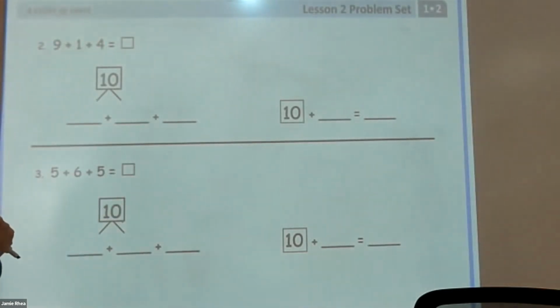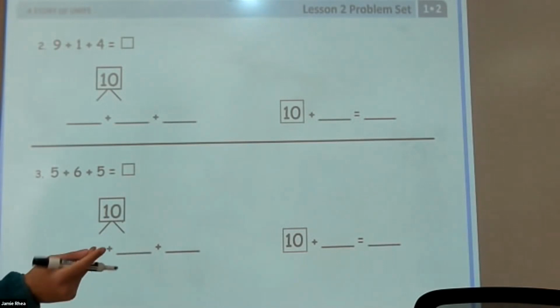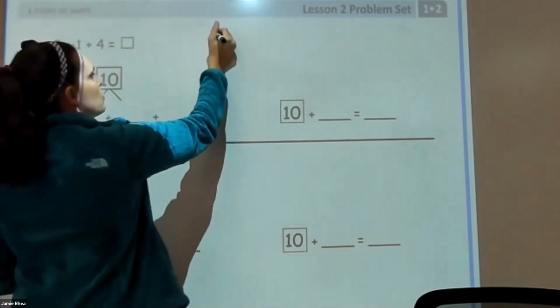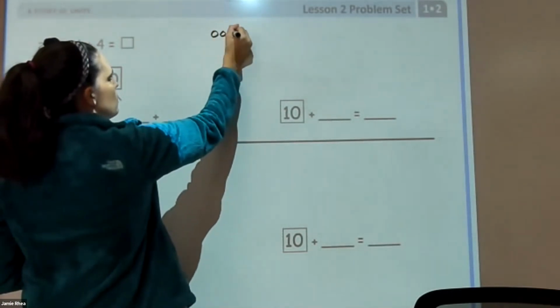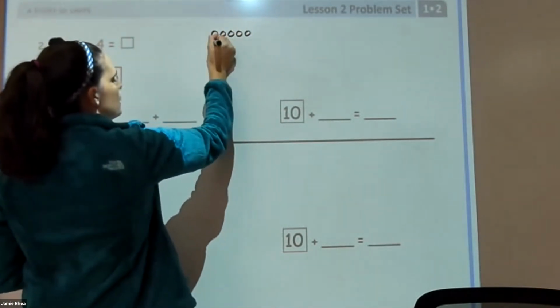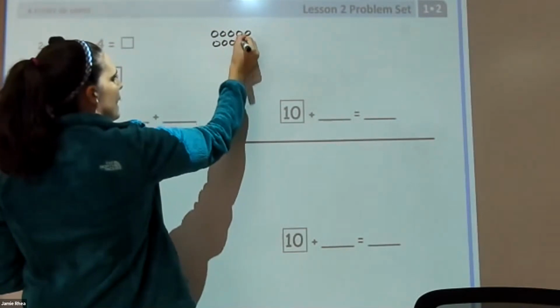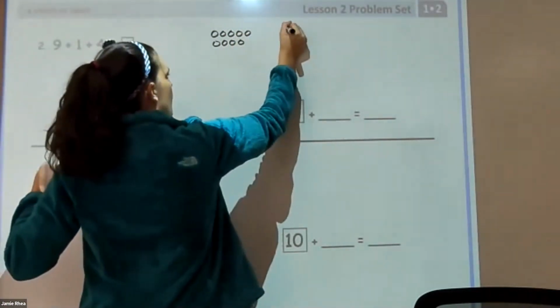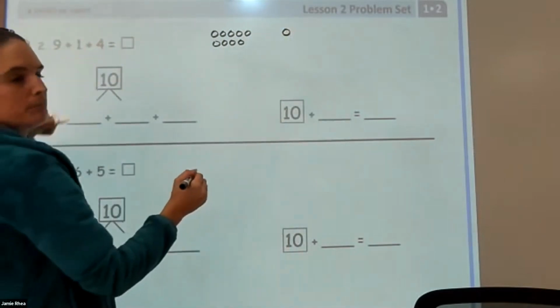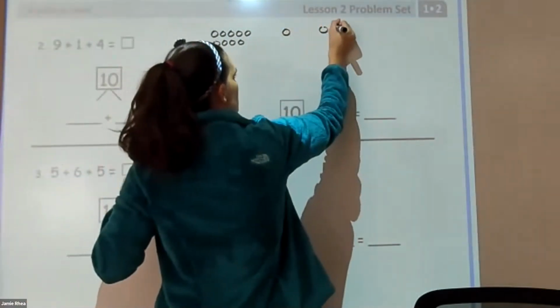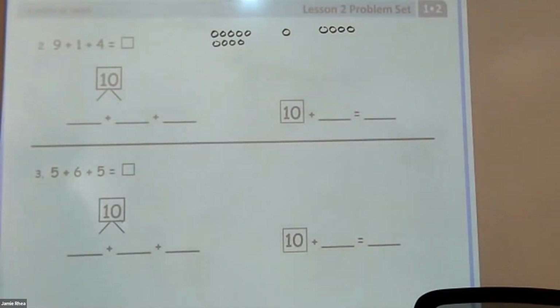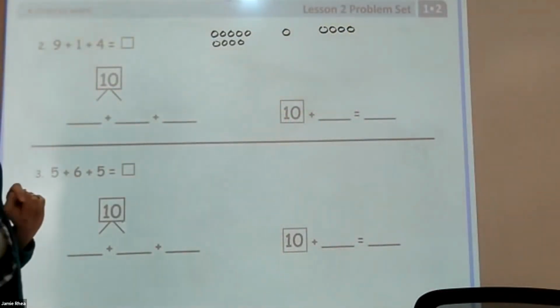9 plus 1 plus 4. I'm gonna draw out here so I have lots of room. I'm gonna draw my 9. 1, 2, 3, 4, 5, 6, 7, 8, 9. I'm gonna draw my 1. And I'm gonna draw my 4. 1, 2, 3, 4. Now, I need to circle the ones that make 10.